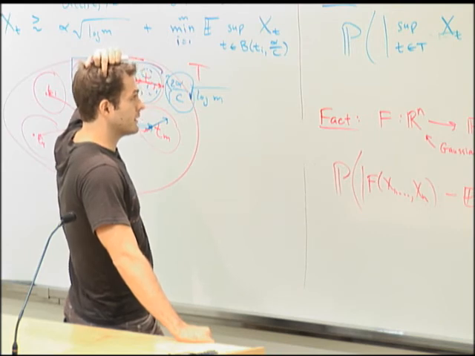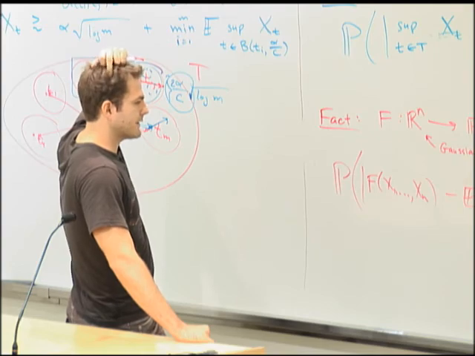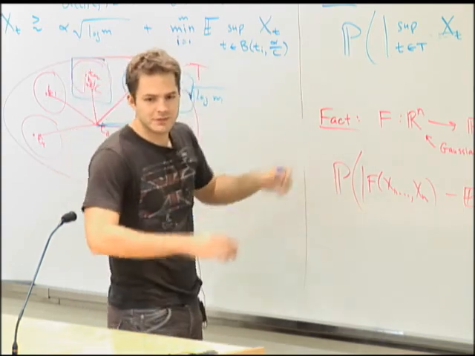What's the difficulty? You're missing in this inequality some estimate on the second moment of that. No, this is trivial to prove. Why can't you just take f to be the supremum?